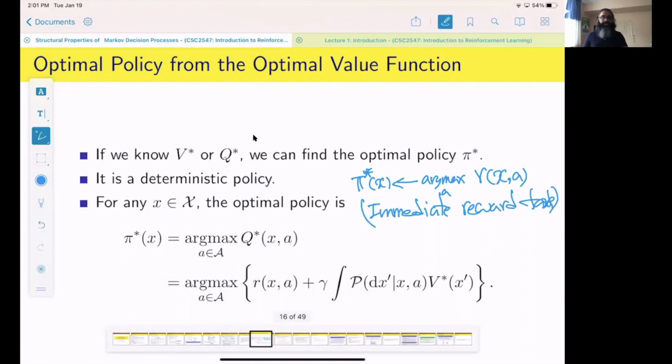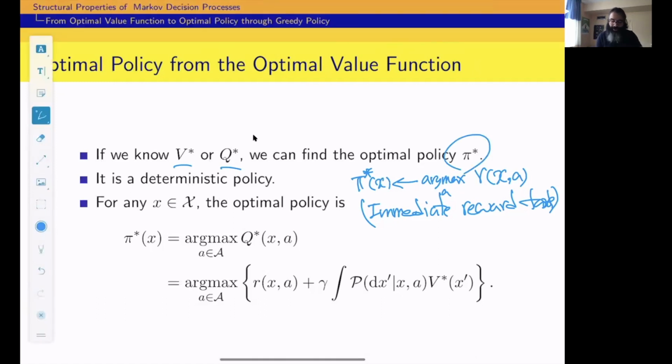So we want to do the same, but for the action value for this discounted continuing task. Suppose we know V pi or Q pi. We can find pi star, and the way we can find it is like this. If we have Q star, we just choose the action at state X that maximizes Q star of X and A. The result of this maximization would be the optimal policy at that state.